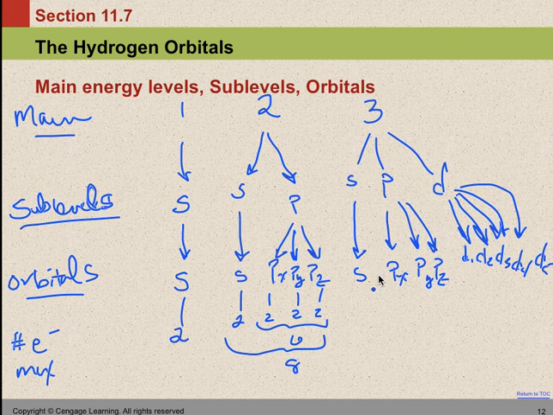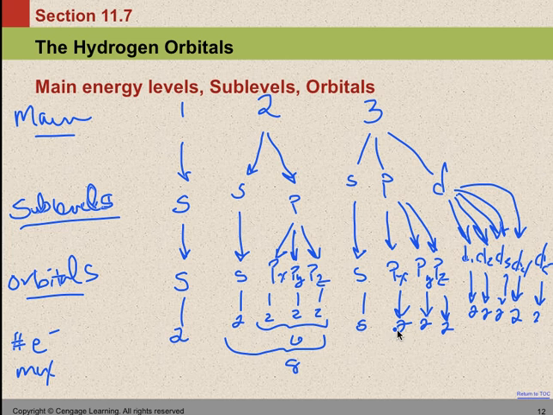That S has a maximum of 2 electrons. Each of these p orbitals, actually any orbital, has 2 electrons in it. Okay. So for this p sublevel, there can be 6 electrons maximum. For that D, it could have 10. That means for the entire third main energy level, I can have a total of 18 electrons.